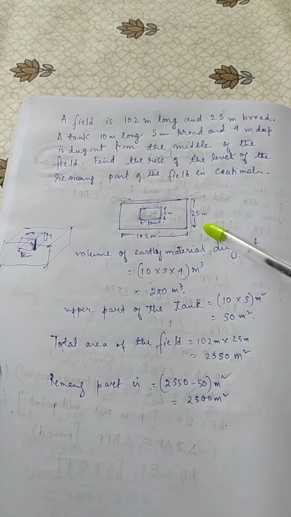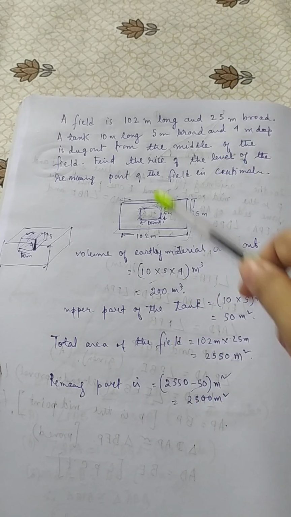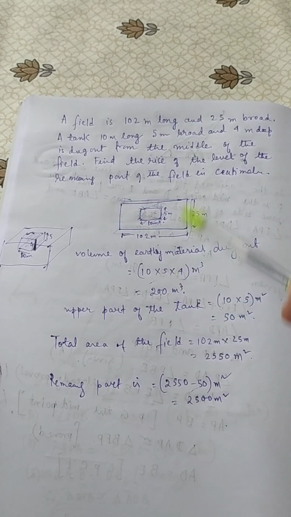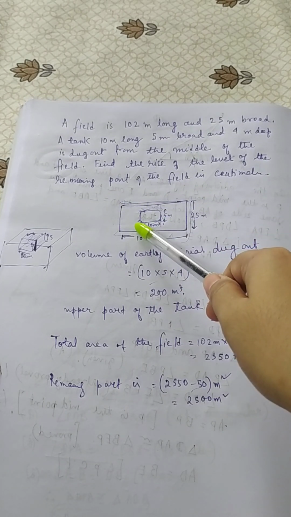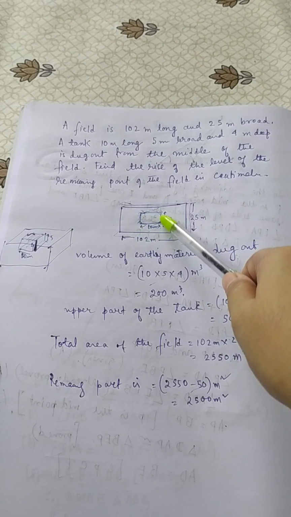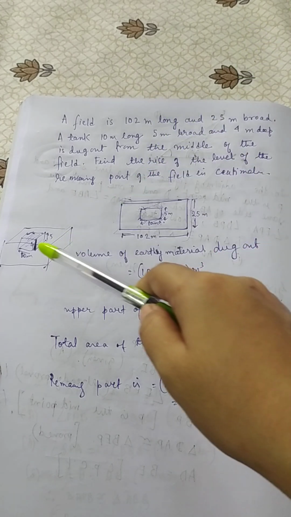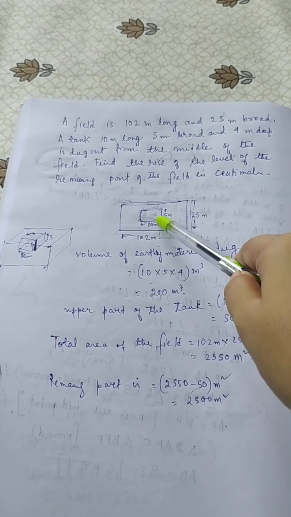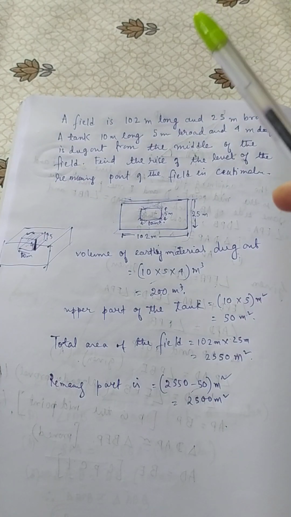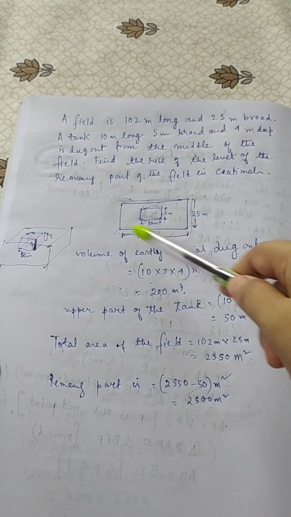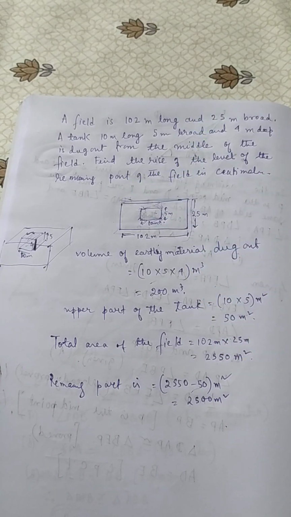Now from the total area of the field, we have subtracted the upper level. Think of it in two-dimensional, upper level, right? Now not only the upper level we have dug out, that means the height also goes down here. So how much height has gone down? It is the question indirectly, that how much the level of the height has risen.